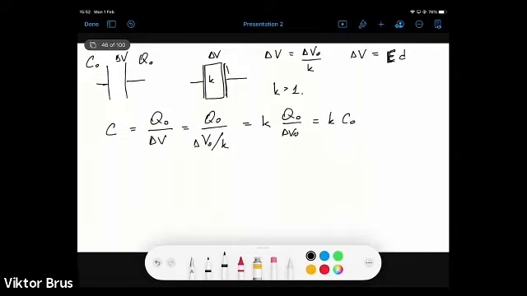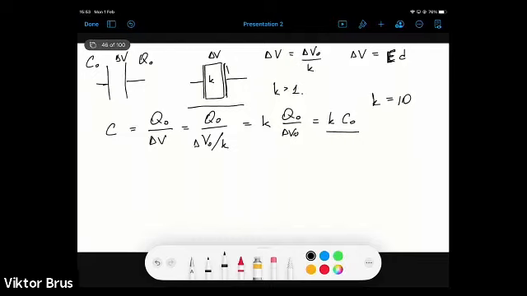We see that by adding this dielectric material, we increase the capacitance of this capacitor filled with dielectric by K. So if we have K, for instance, 10, then we will end up with 10 times higher capacitance than it was without any filling, when there was vacuum, free space between two electrodes.